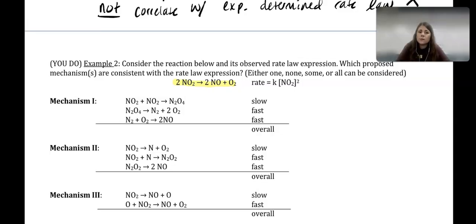And then you're going to look at the slow step and see if that correlates to the experimentally determined rate law, okay, which is rate equals k[NO2] squared. So pause the video, see if any of these mechanisms work, see if there's more than one, see if none of them work. So yeah, pause the video and try this out yourself.